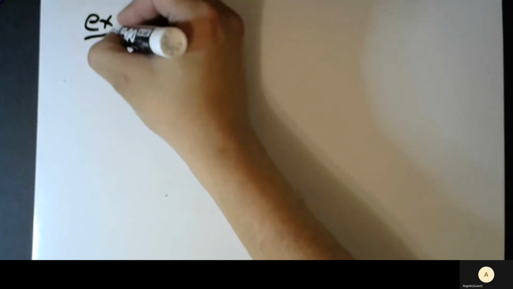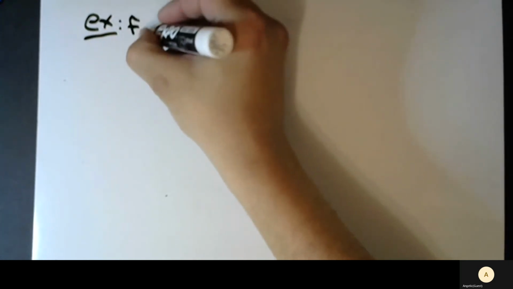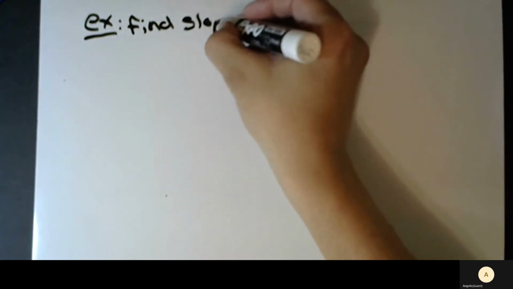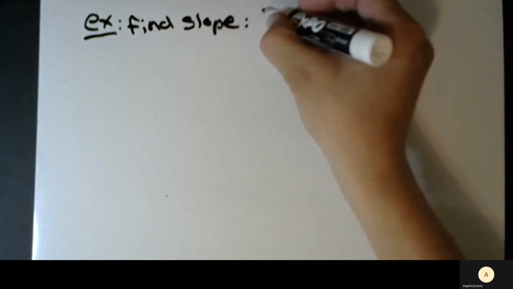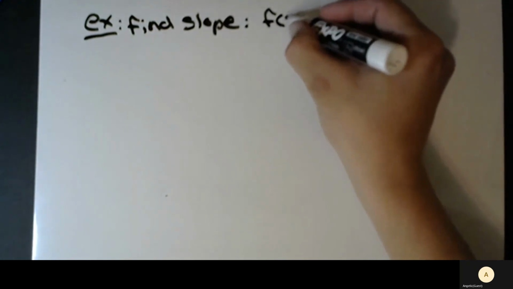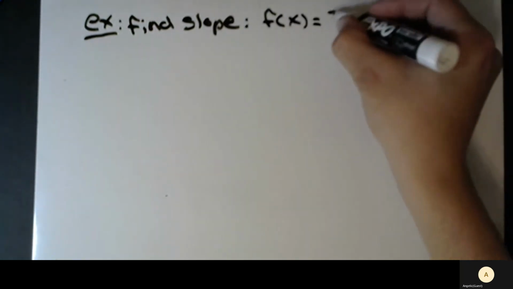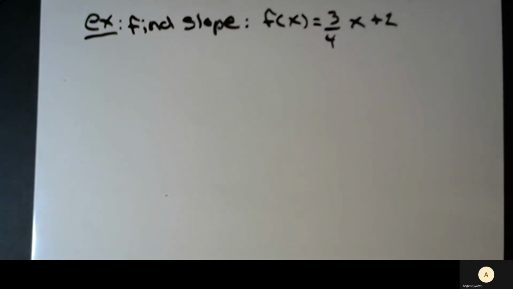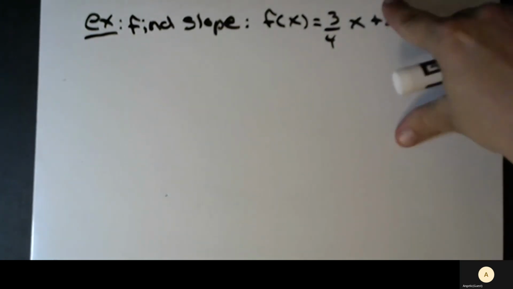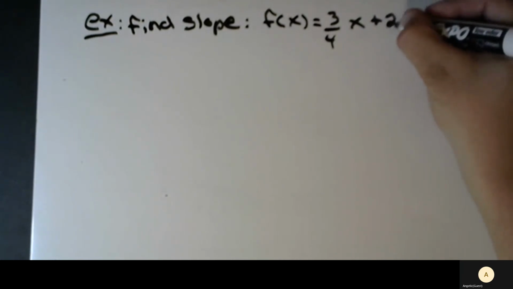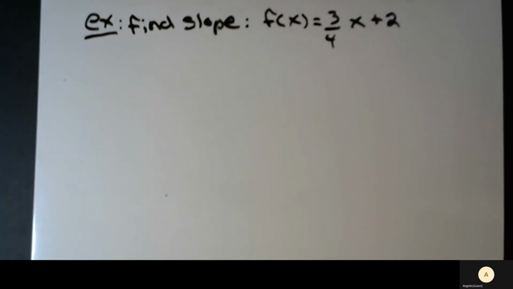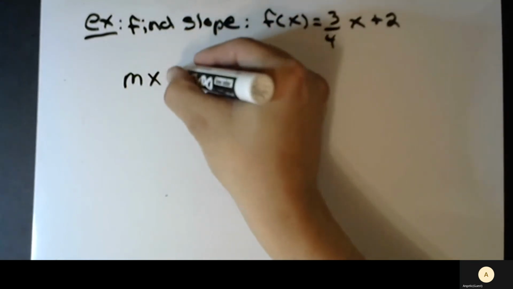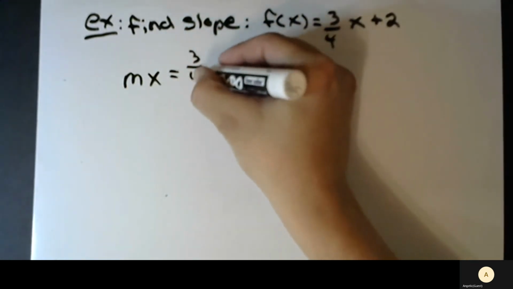If you have something like 3/4 x plus 2, again, mx, that's 3/4 x.